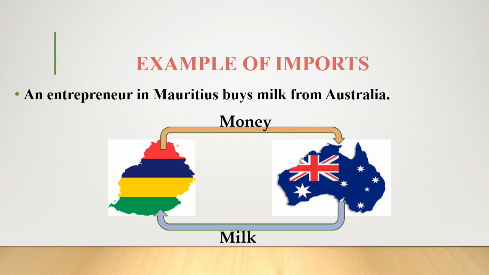Let's consider an example of import. When an entrepreneur in Mauritius buys milk from Australia. Here, it can be seen that money is leaving Mauritius and going in Australia. In return, goods in form of milk is flowing out of Australia to Mauritius. Mauritius is paying money.